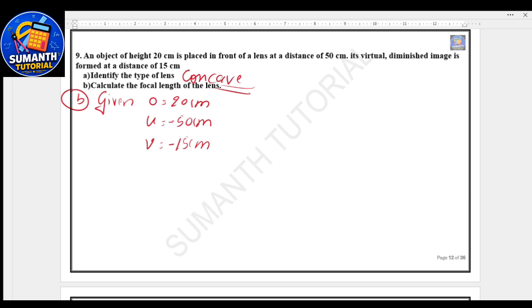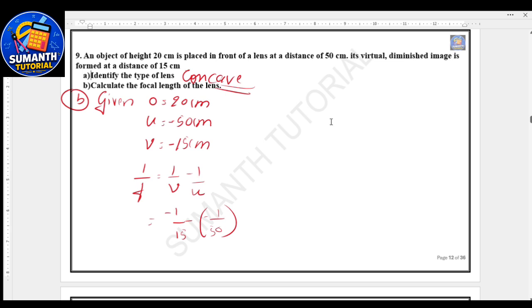Now we have to calculate the focal length. Now see here the formula, 1 by F is 1 by V minus 1 by U. Clear? Then substitute, it is minus 1 by 15 minus of minus 1 by 50.